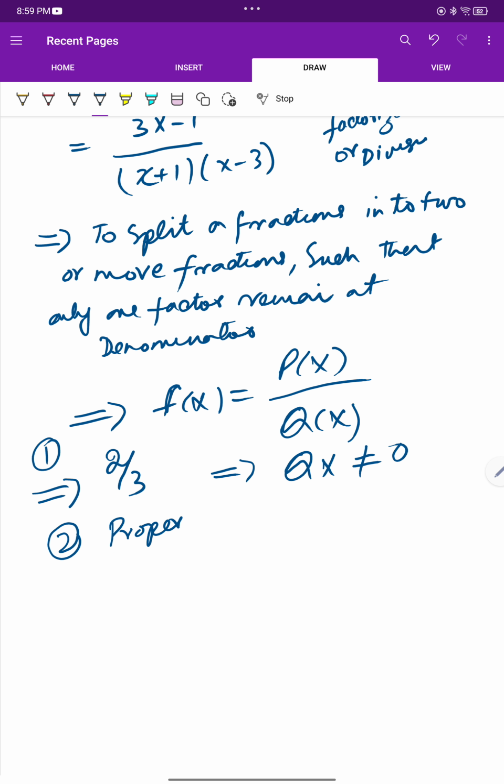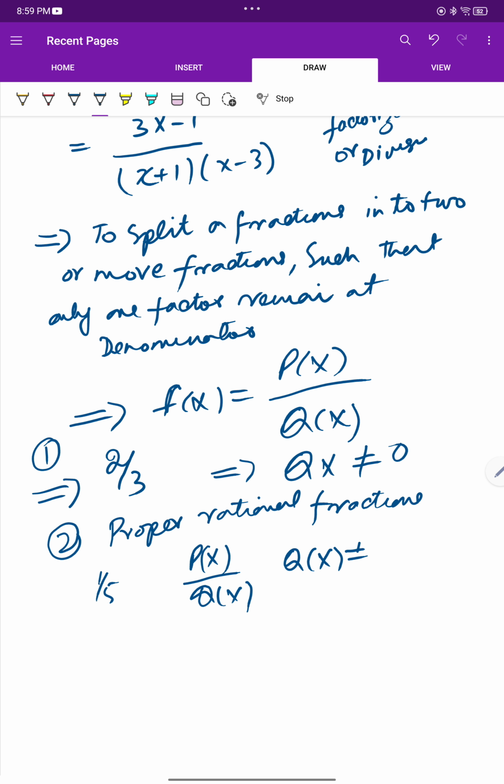Like 1 by 5, a fraction p(x) by q(x), such that q(x) is not equal to 0. If it's not equal to 0, then it will work.